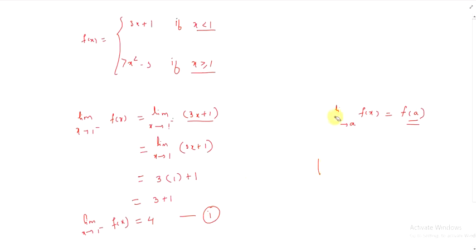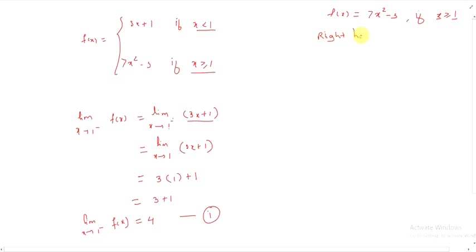Now let us take the second part of the function. The second part is f(x) equal to 7x² - 3 if x is greater than or equal to 1. That is, x takes values greater than 1. This means we have to define the right hand limit.